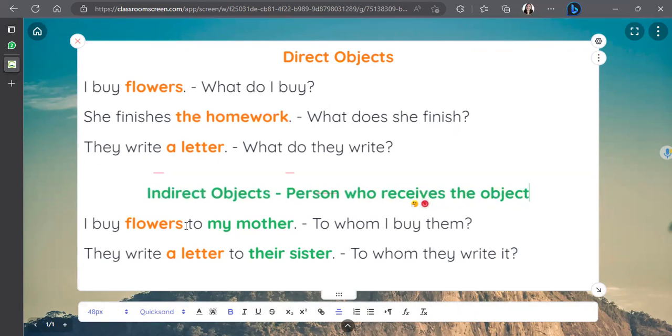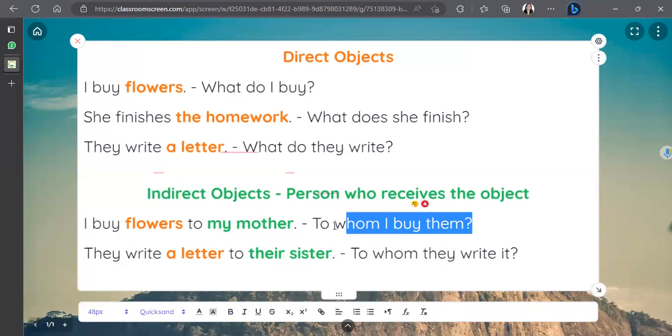Okay? So in this case, the object is the flowers. And who receives the flowers? My mother. The object is the letter. Who receives the letter? Their sister. Okay? So we can change the question so you don't get confused. Who receives them?